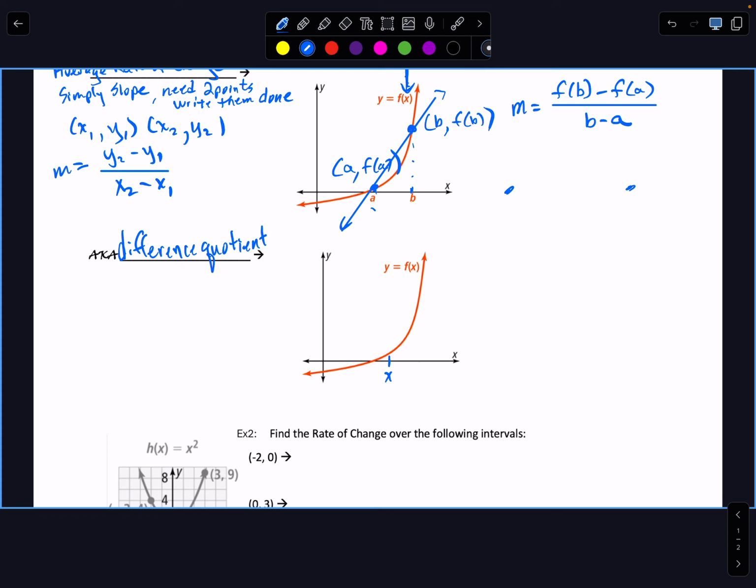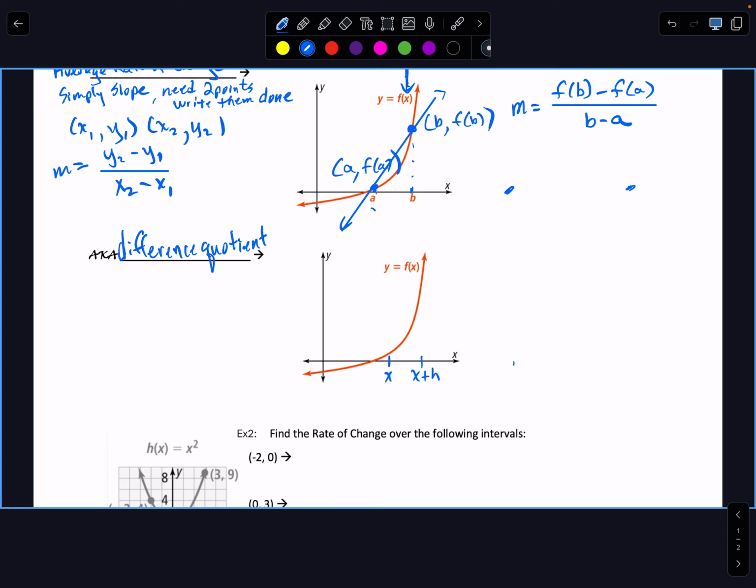And then instead of giving the point over here a different variable, well, it is a different variable, but what we're going to do is add the distance of h to x. This process is helpful when we get to the limiting process in calculus.